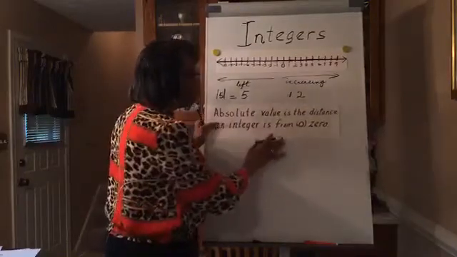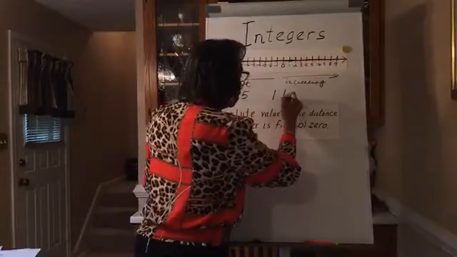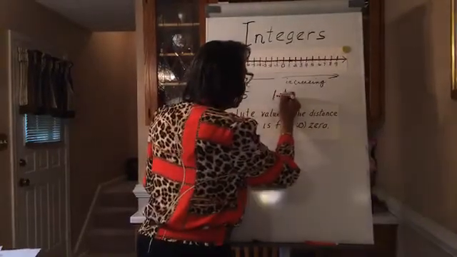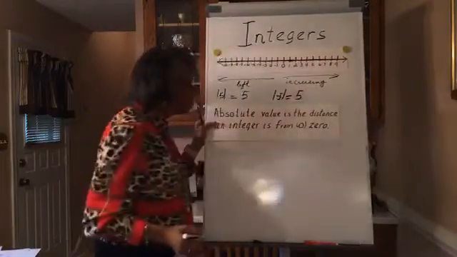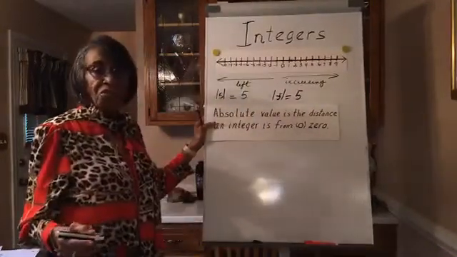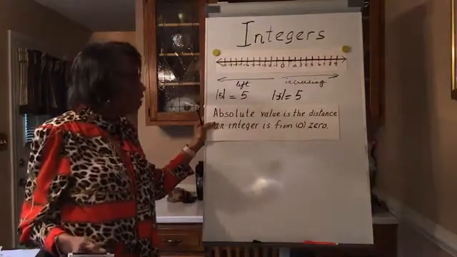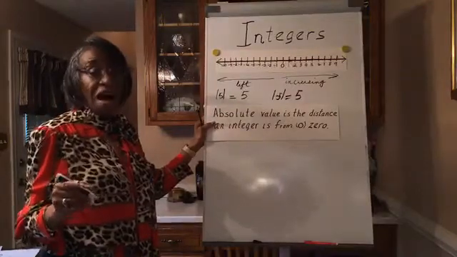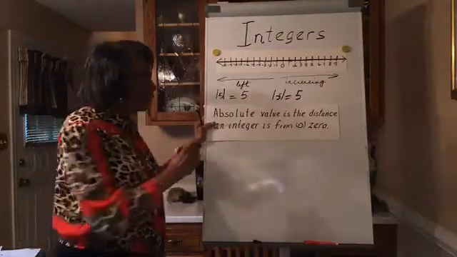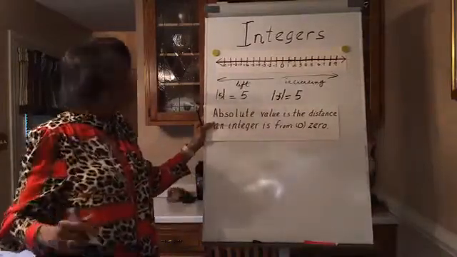But the absolute value of negative 5 is also 5. So remember, because we're going to use the absolute value as we work with this, make sure that you understand how we use it. Absolute value is the distance an integer is from 0.